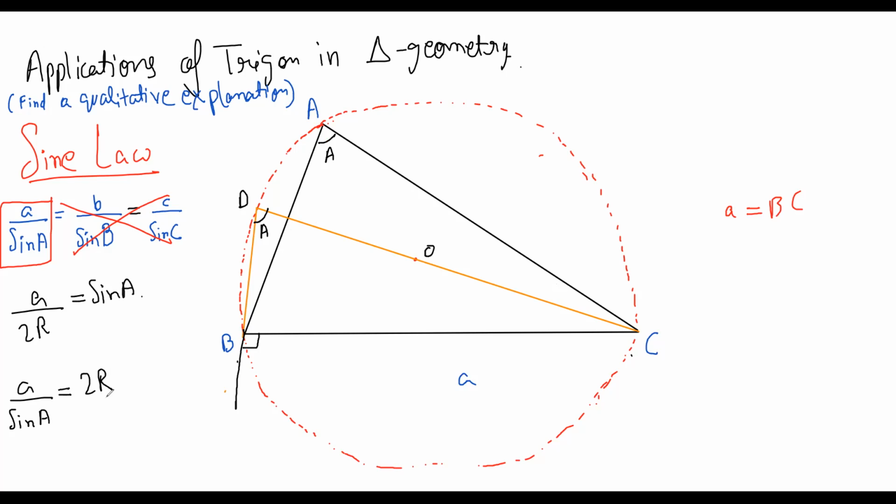But 2 times the radius doesn't see A as anything special, right? So it will also be equal to B by sine B and C by sine C. Right? So it's like a constant. That's a constant for whom? For R. Imagine you are R. For you, A is not more special than B, right? In an arbitrary setting. So we are done.